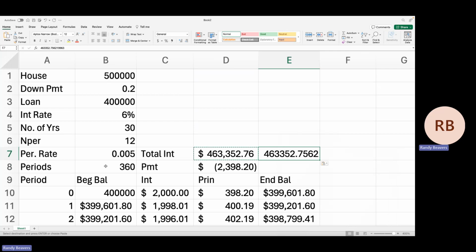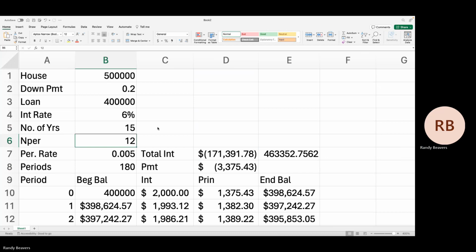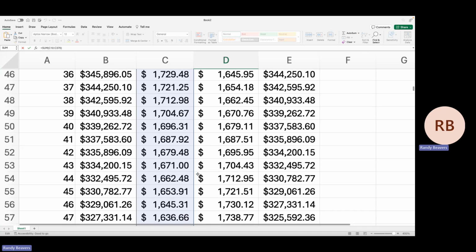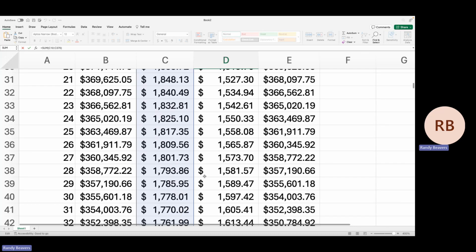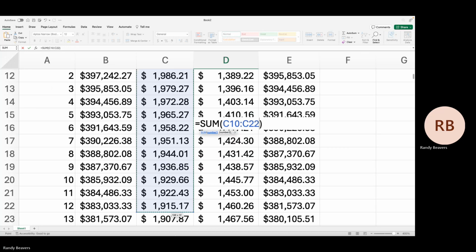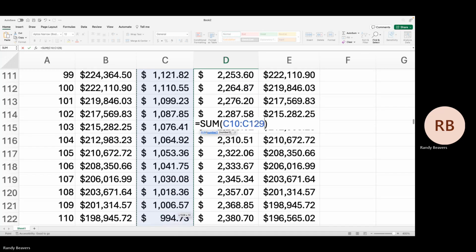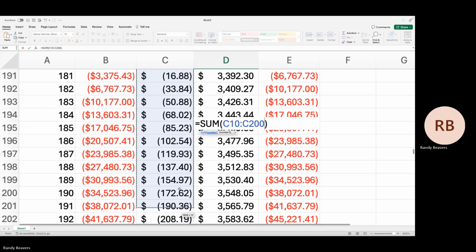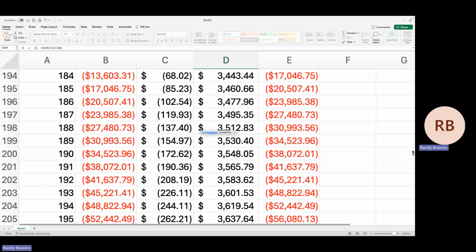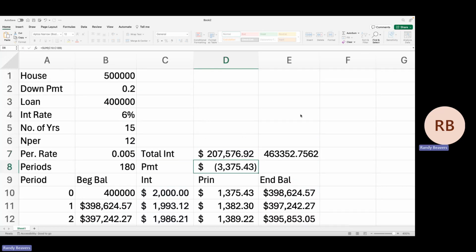Now let's see what would happen if this were only going to be for 15 years. So now I need to modify my equation because it's going to stop after 180 periods. So you can see that the interest is half of that.